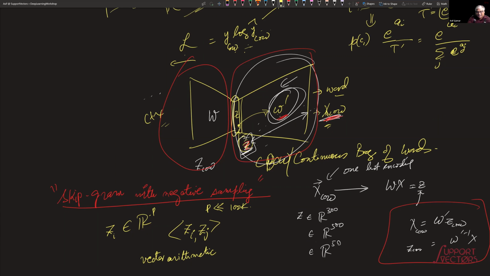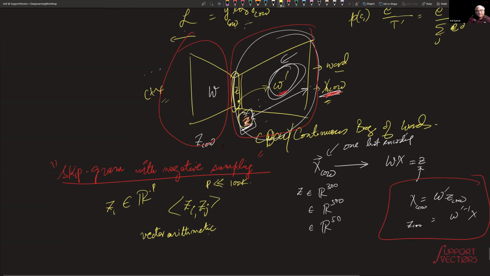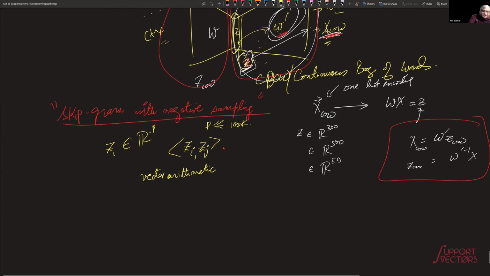And that is why this got a tremendous amount of attention, because you take two words which are really related. The dot product is bigger if the words are related, bigger if the words are similar.